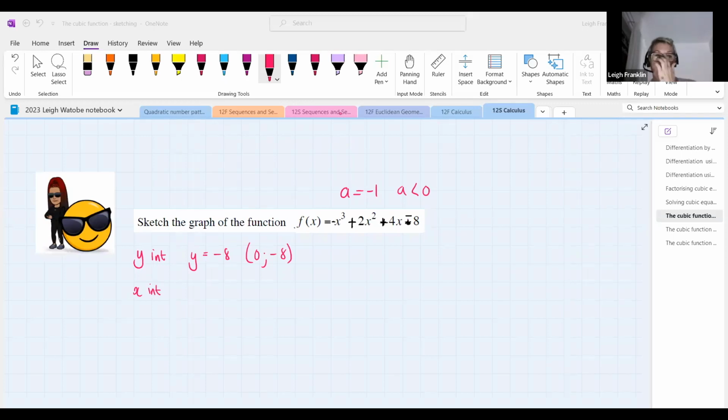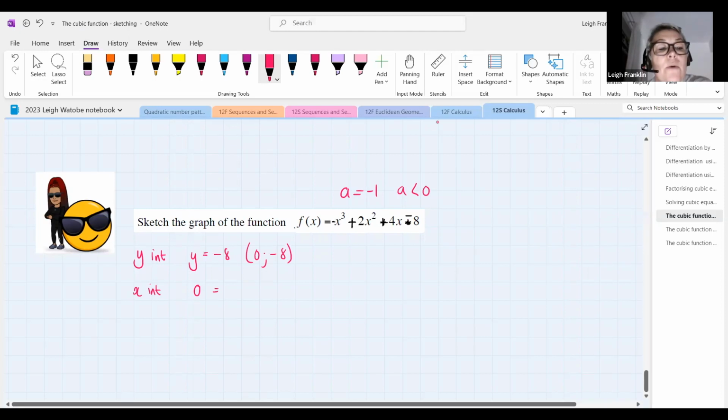What would we do for the x-intercepts? Exactly, we would make y equal to 0. So we'd have 0 equals -x cubed plus 2x squared plus 4x minus 8.